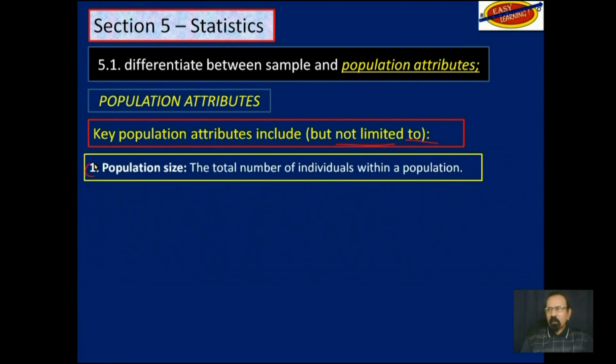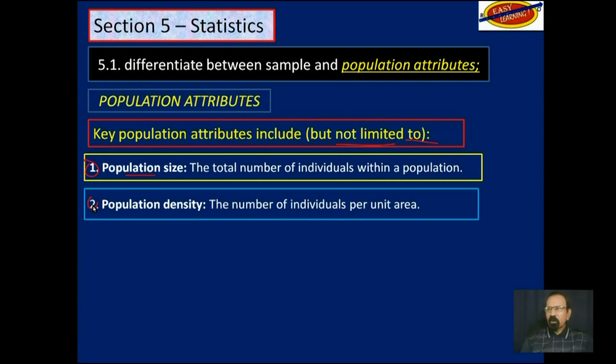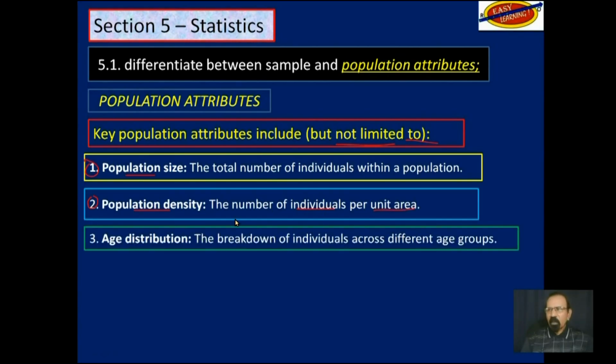1, population size. That's self-explanatory. 2, population density, the number of individuals who live on average per unit area, say 1 square kilometer. 3, age distribution, the breakdown of individuals across different age groups.